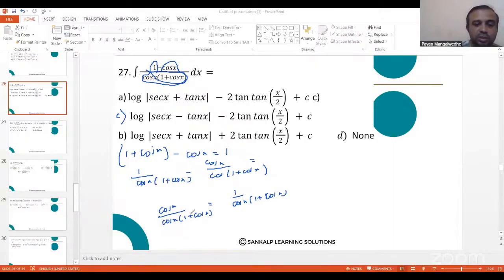So now we are going to get I is equal to integration of 1 upon cos x plus 1 plus cos x minus 1 upon 1 plus cos x.